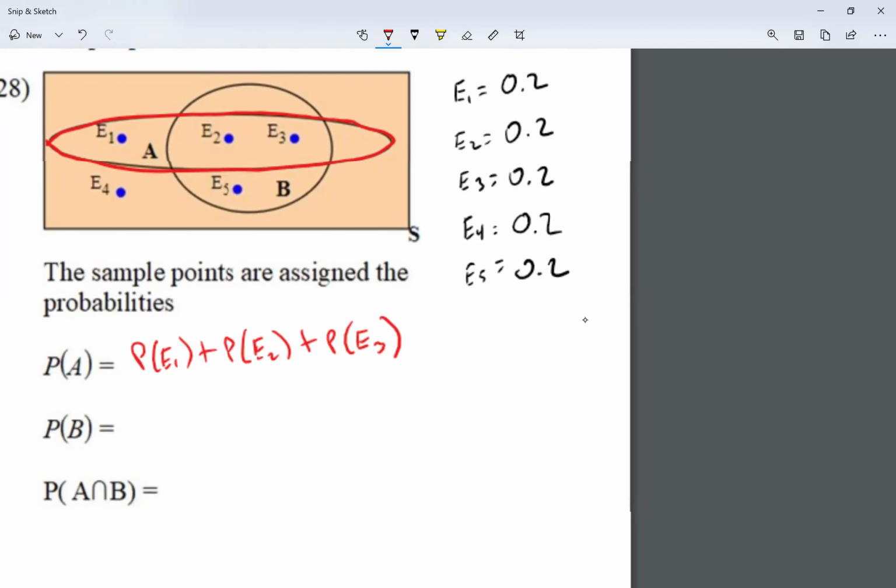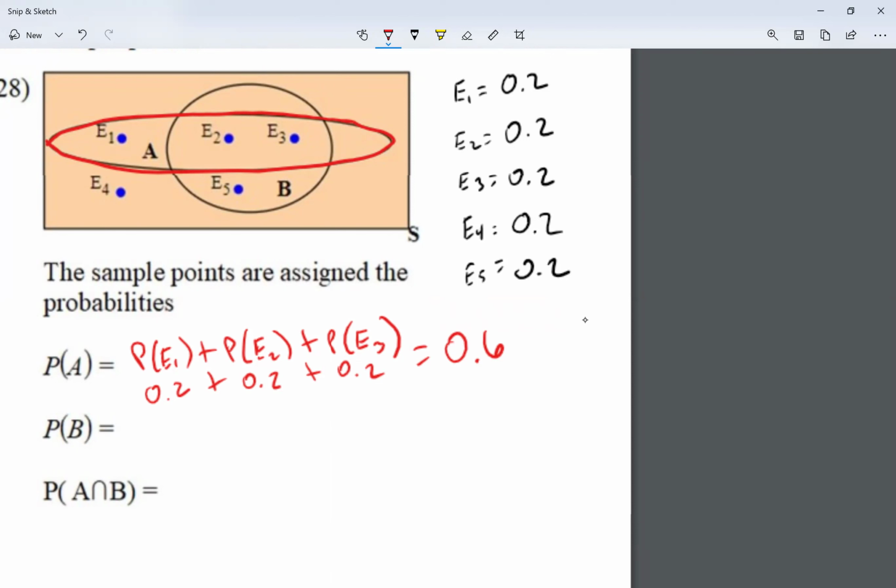Now for homework, I will give you the percentages, how much each of them are. But on our notes, I forgot to give you the percentages. So I gave you right now 0.2 for each of them. Okay, so E1 plus E2 plus E3. Basically, I'm asking what's 0.2 plus 0.2 plus 0.2. That gives me 0.6.